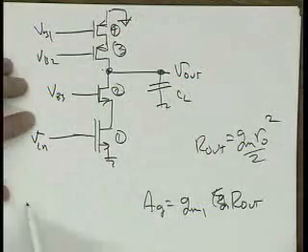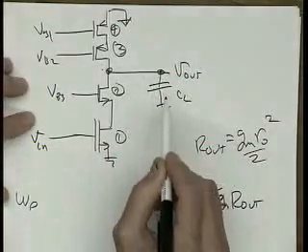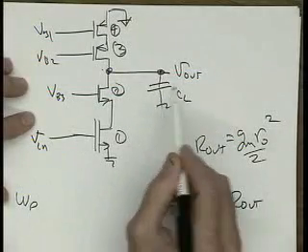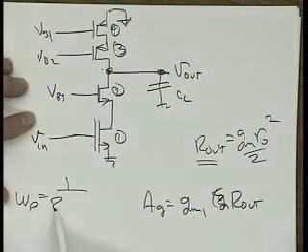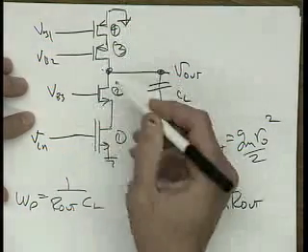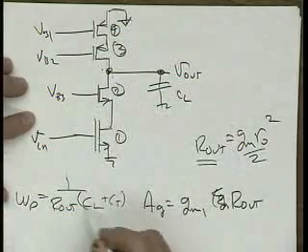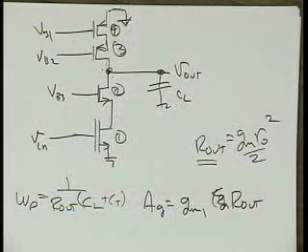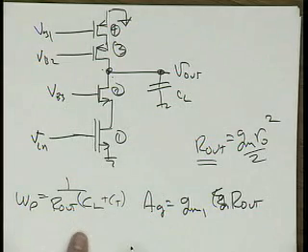What's our pole at? What's the resistance driving this node, the CL? It's going to be that same R out. So the pole is going to be at 1 over R out times C load plus any other capacitance associated with that node. Let's say CL is much greater than all the other capacitors. So if we do the gain bandwidth product, what happens?